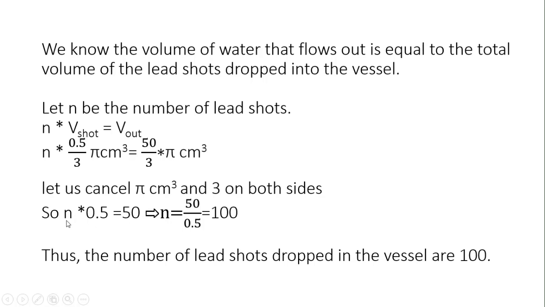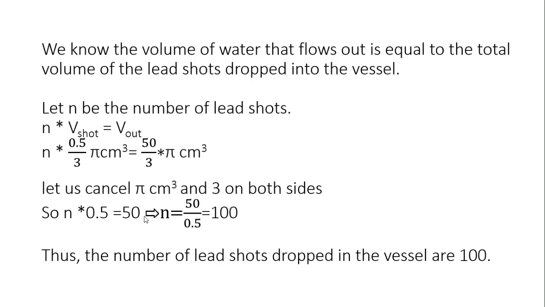So n value, how will we get? After cancellation, n, the number of lead shots, into 0.5 is equal to 50. Final equation that we got. So n is equal to 50 by 0.5, that is equal to 100. So n is nothing but the number of lead shots that are dropped into the conical vessel.